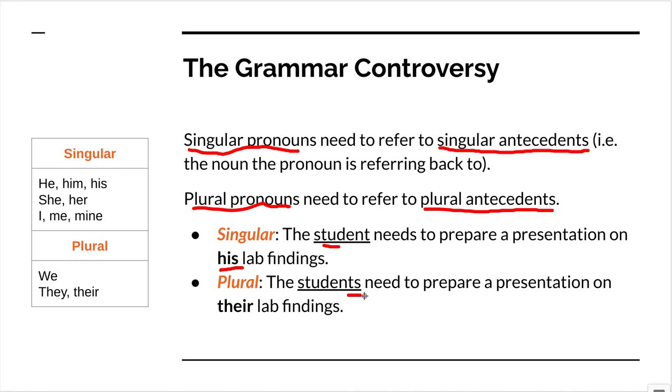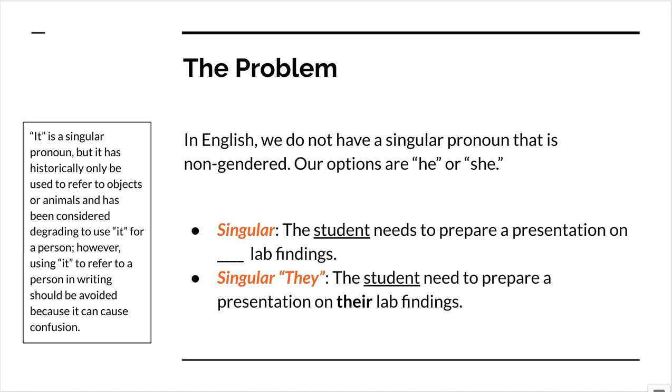So here we have plural because there's more than one student, and the plural pronoun there. Now, the problem is in English, we do not have a singular pronoun that is gender neutral. Our only options for a singular pronoun basically are he or she.